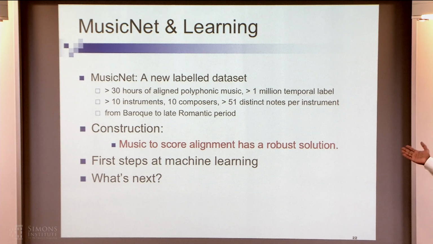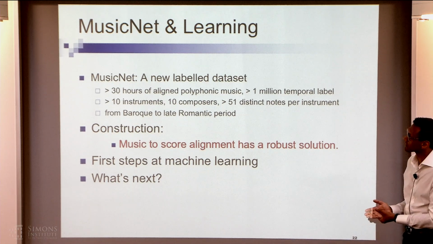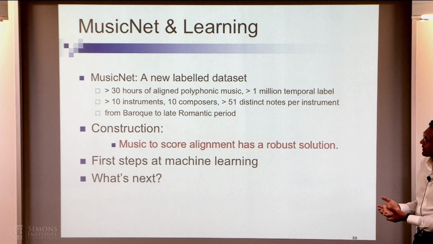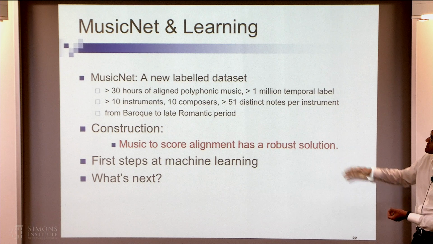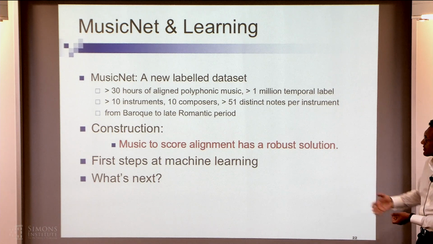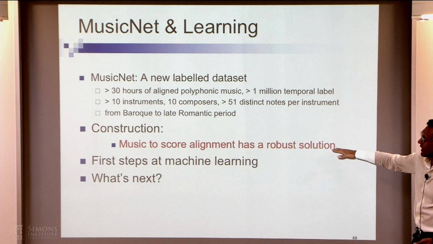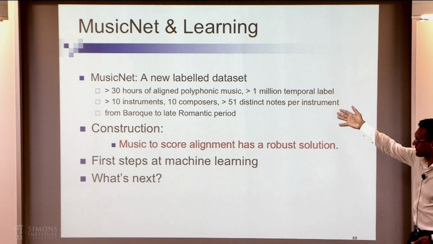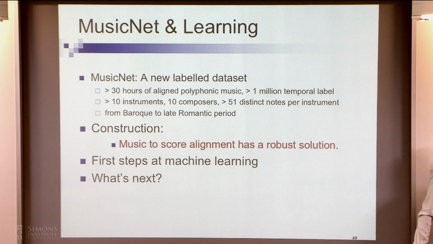It includes that Ravel piece that's actually aligned on roughly 20 millisecond intervals. So it tells you at each time point what instruments and notes are there. It's limited to the classical domain, so Baroque to Romantic, 10 instruments, 10 composers. The short answer is, as far as the machine learning standpoint is concerned, you could assume that we've solved the music to score alignment.